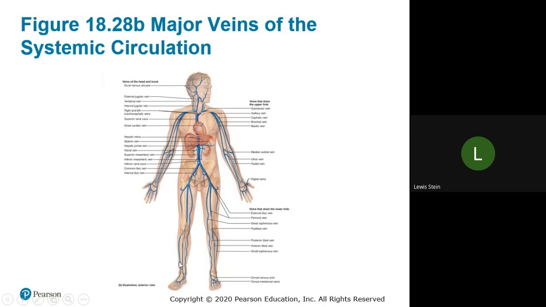I will show you the main flow comes up the named veins. So it comes up the tibial veins, the fibular vein, popliteal vein, femoral vein, and those femoral veins come together.